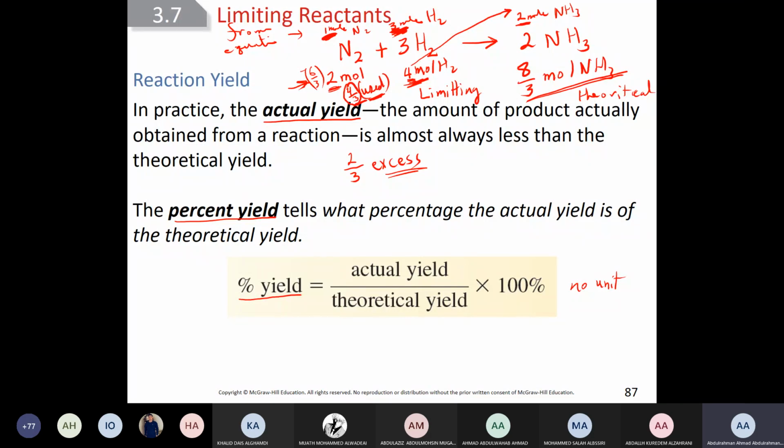Now let's assume that the percent yield was 75%. Then what will be the actual yield?